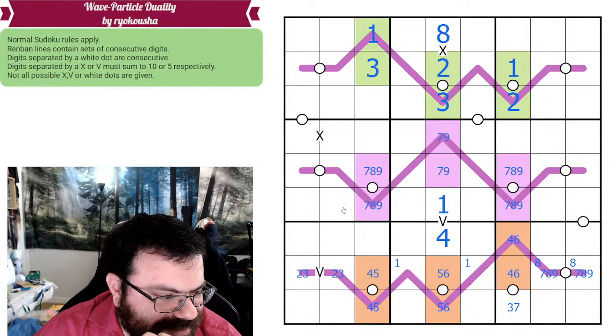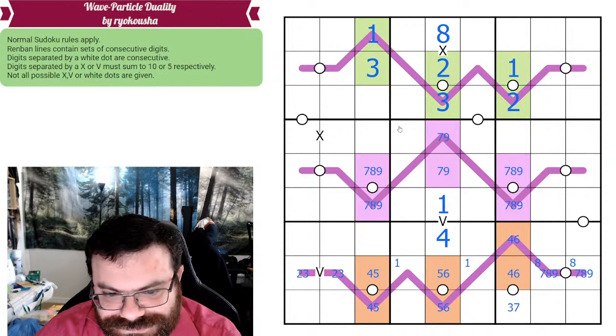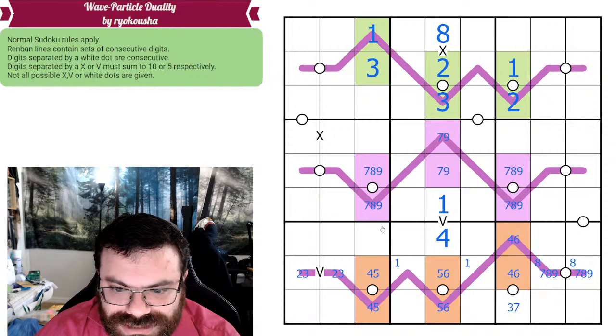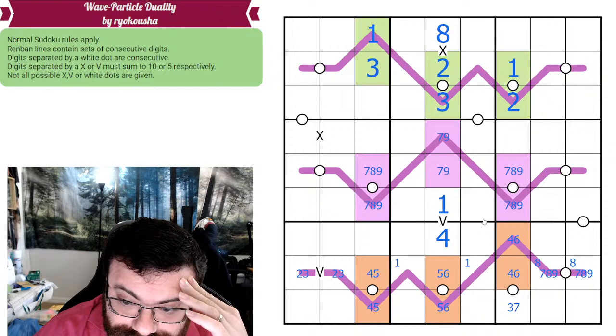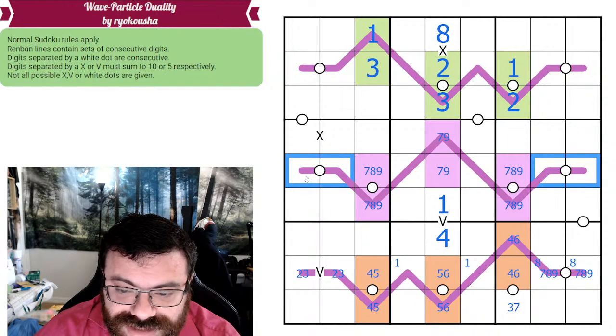When I say casually, this is the one. Okay, what can I do? The one in this row is going to be on one of these dots. So one of these is going to be 1, 2.